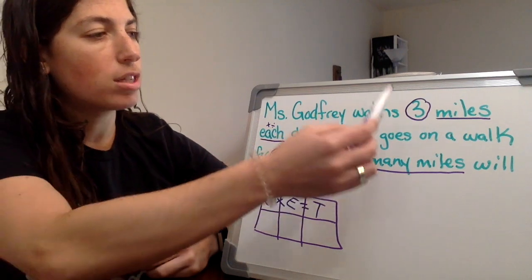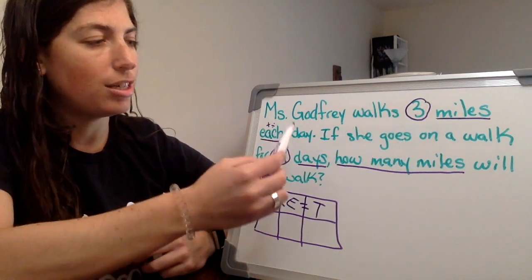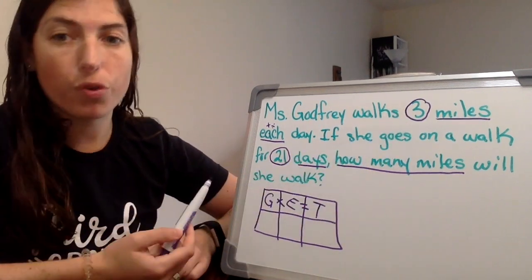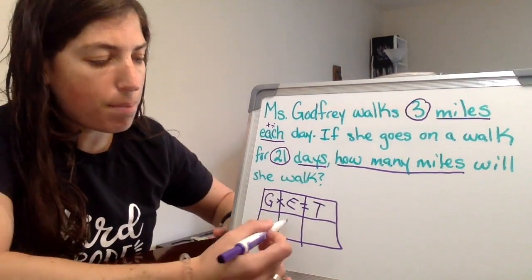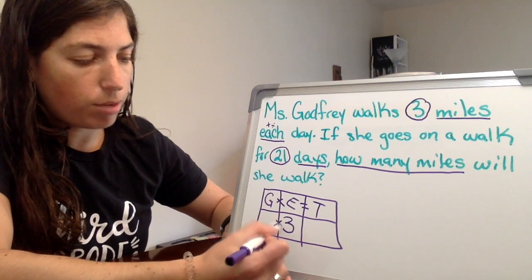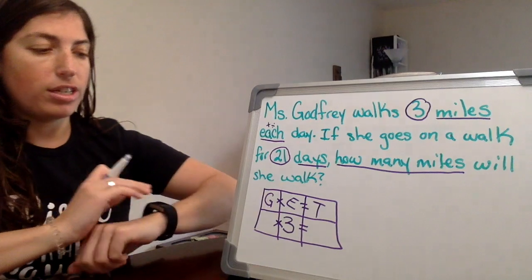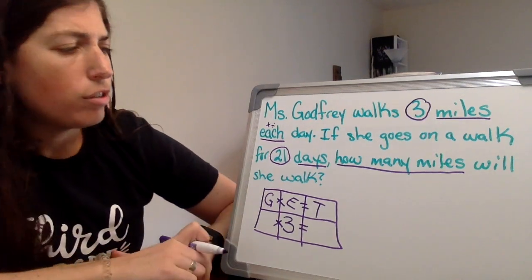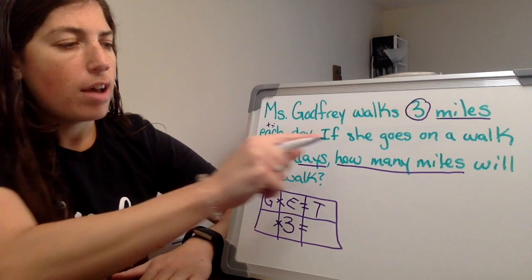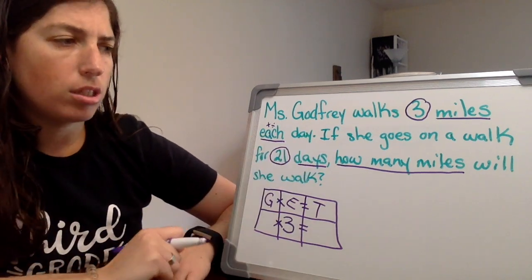Miss Godfrey walks 3 miles each day. In that sentence, I have this number 3, and I'm going to fill in that number in my each box. I can also bring my equation down to here. Now I'm left with 21 days and figuring out how many miles.